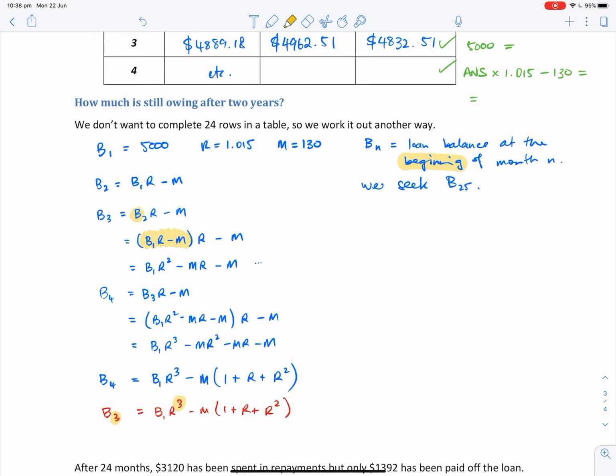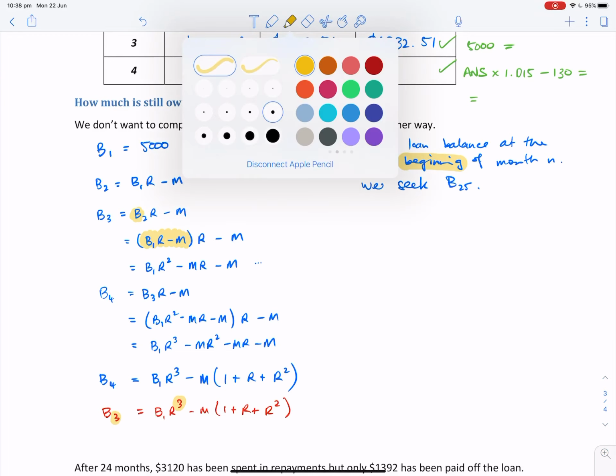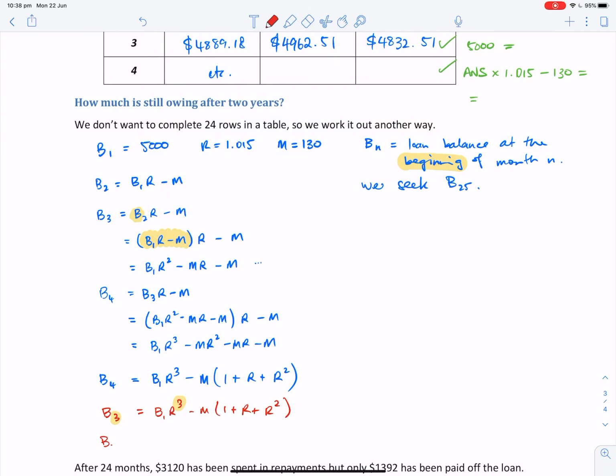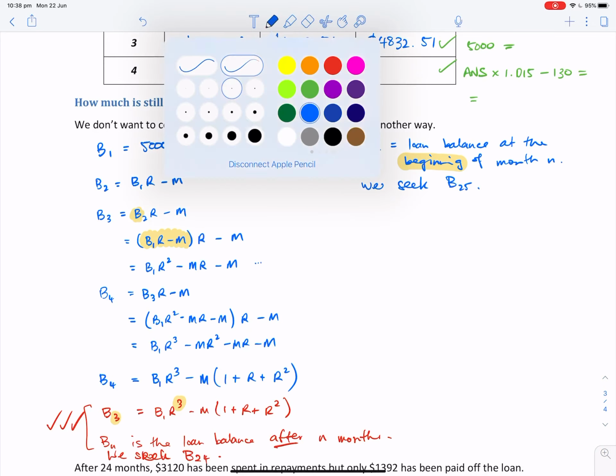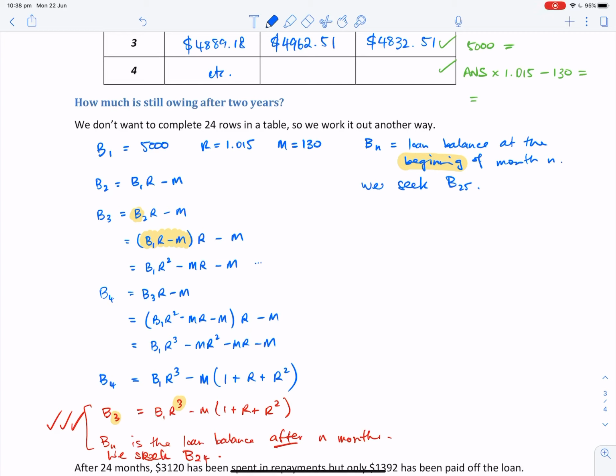And so in this case, BN is the loan balance after n months, and we would seek B24, the balance after 24 months. Anyway, I prefer what's in red, but I'm going to continue with what's in blue. If other people, like an exam committee, set up the question for us, we don't have a choice anyway.